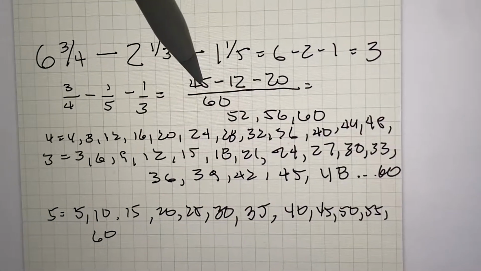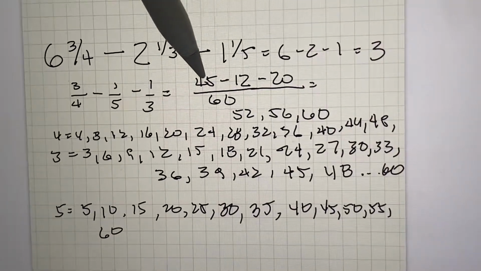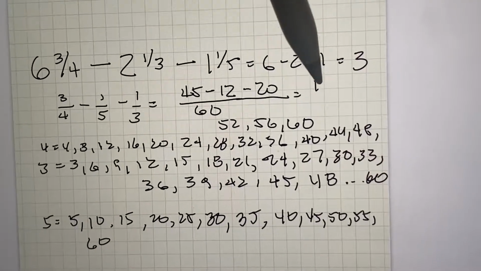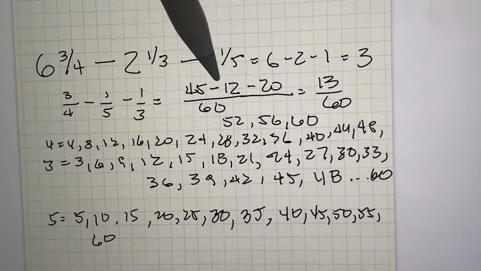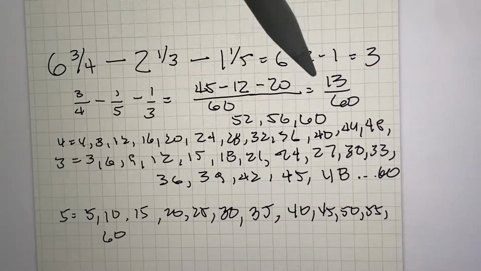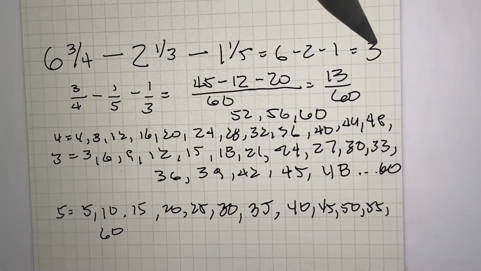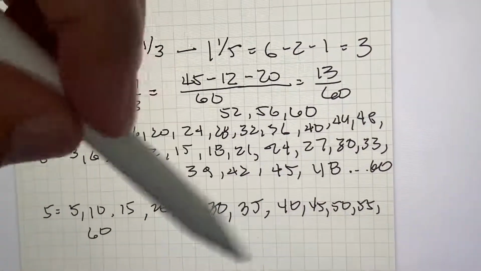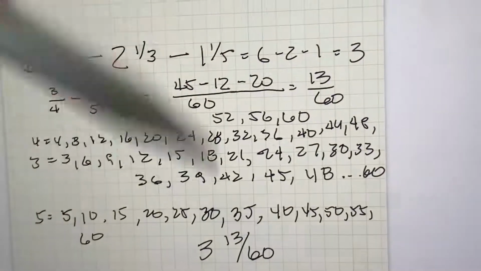No, sorry, 33, my goodness. It's 33 minus 20, that's 13 over 60. Okay? So in this case, because the fraction is positive, I need to add it. So my final answer should be 3 13/60.